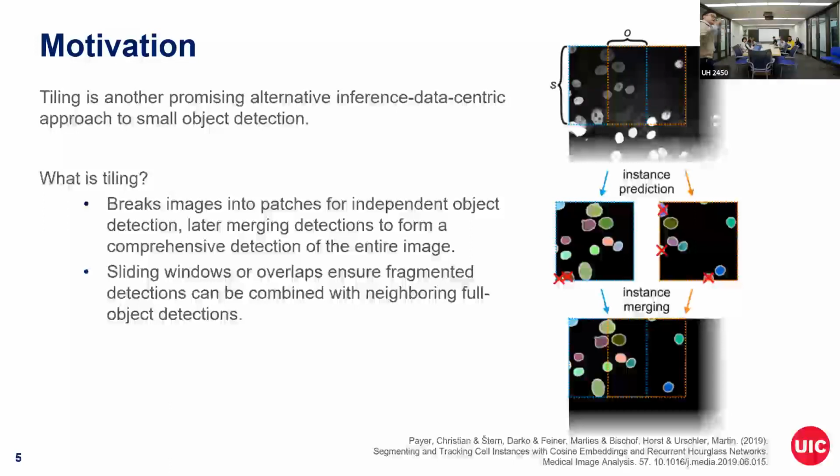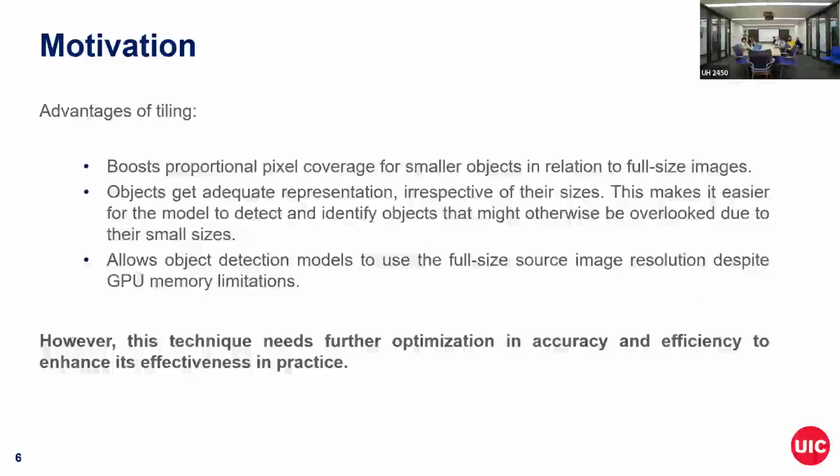Sliding windows or overlapping are often used to ensure that fragmented objects caused by the tiling process can be combined together. The advantage of tiling is that it boosts the proportional pixel coverage of smaller objects relative to the full image.